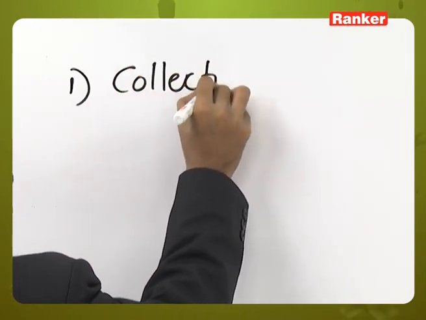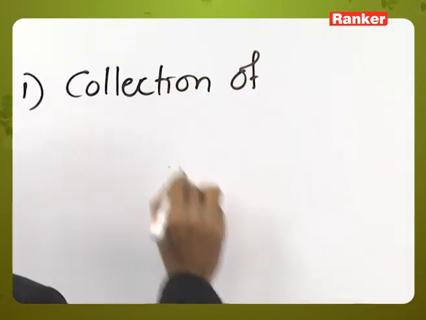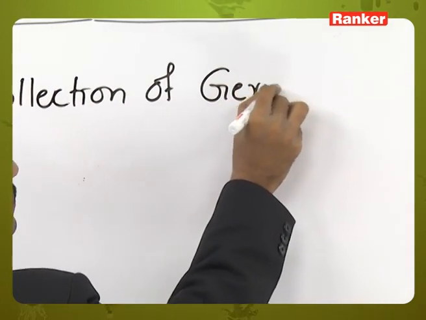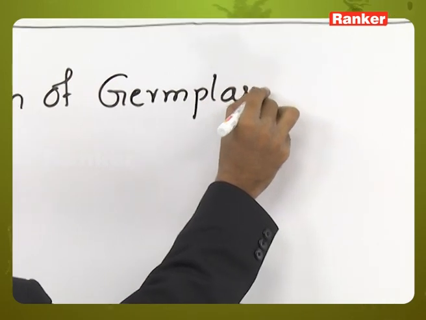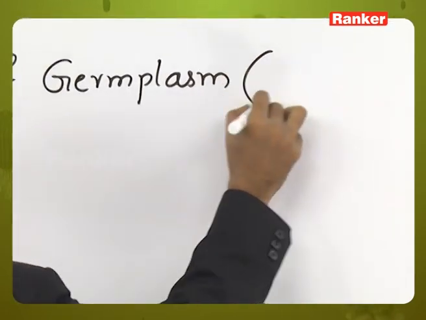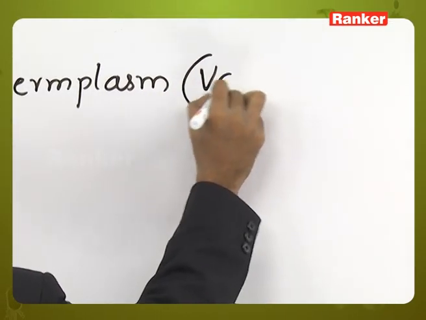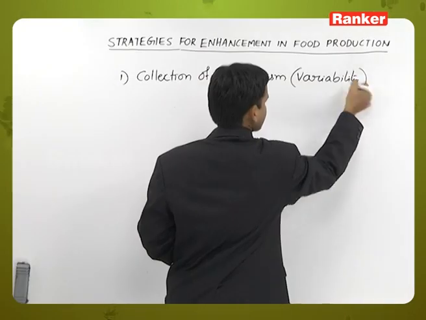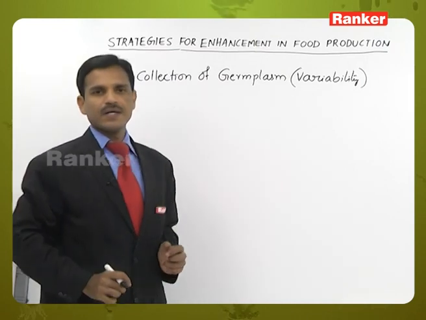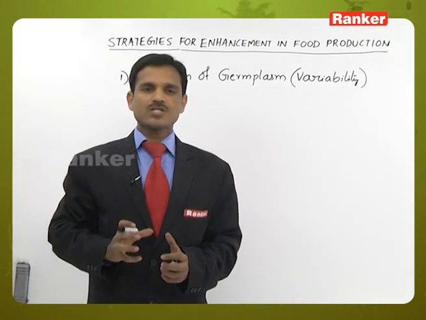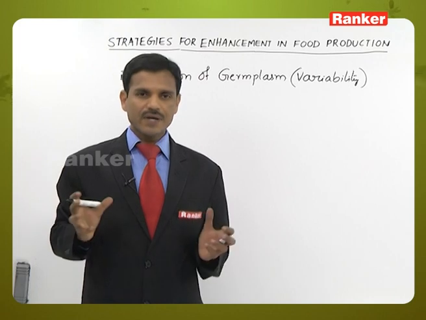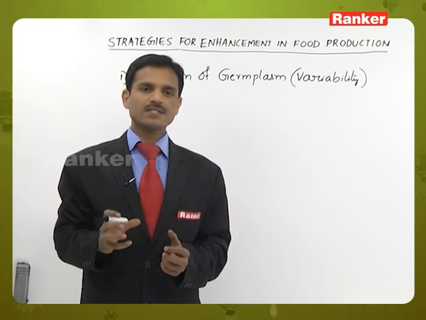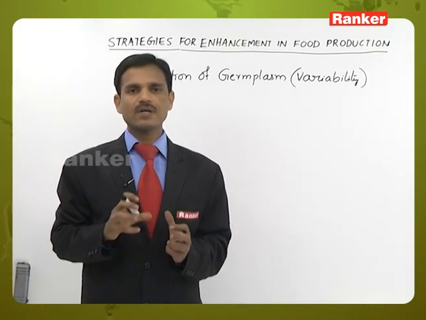Collection of germplasm or variability. So what is germplasm? Germplasm is the collection and preservation of all the varieties, all wild varieties and local varieties, in a given crop.